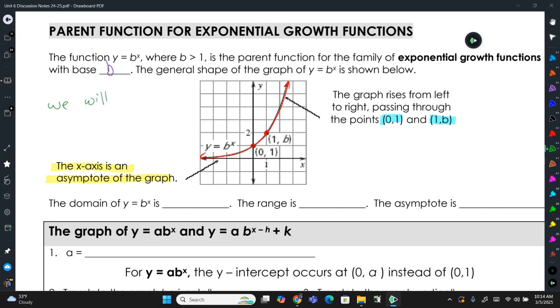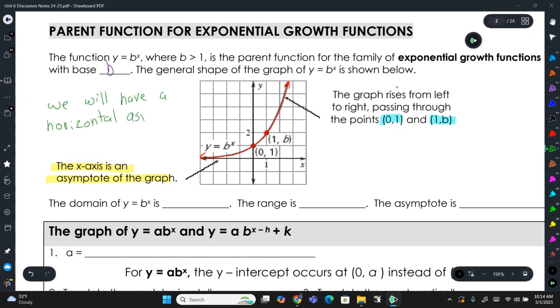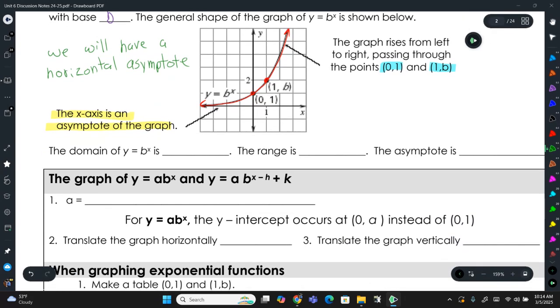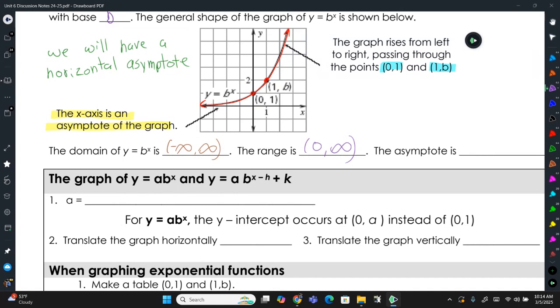So we will have a horizontal asymptote. Now, the domain of all exponential functions is negative infinity, comma infinity, and the range is going to be 0, comma infinity because our y values can't go below 0.